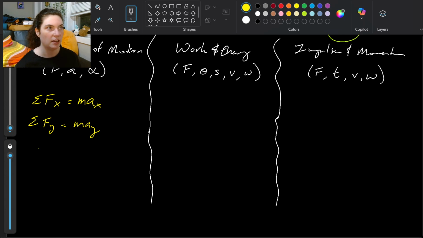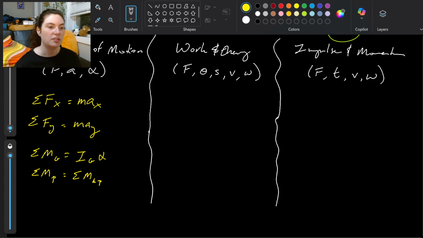We could take the moment about mg, about our center of mass, and that would equal our moment of inertia, I_G, times our angular acceleration. That was one option. We also said alternatively you could use the moment about any point on your free body diagram equals the moment about that same point on your kinetic diagram.